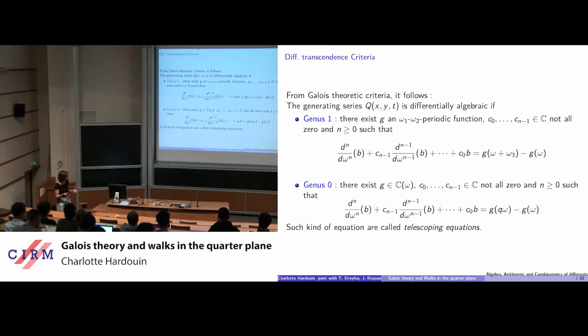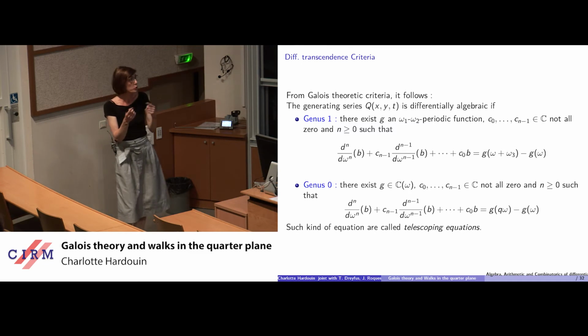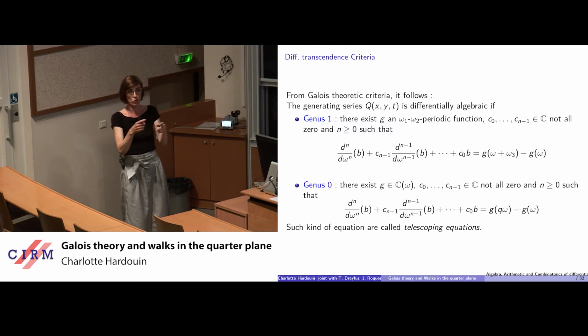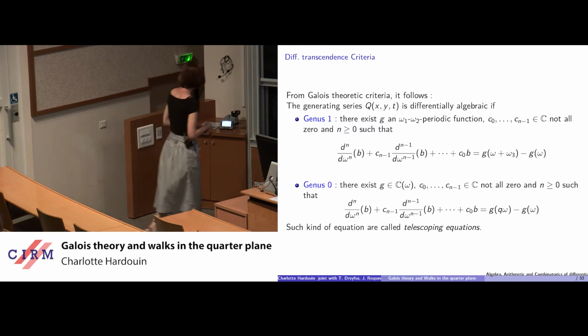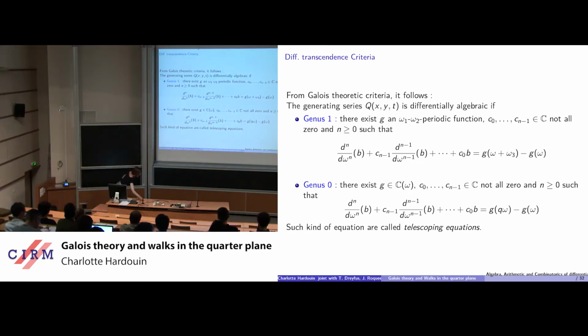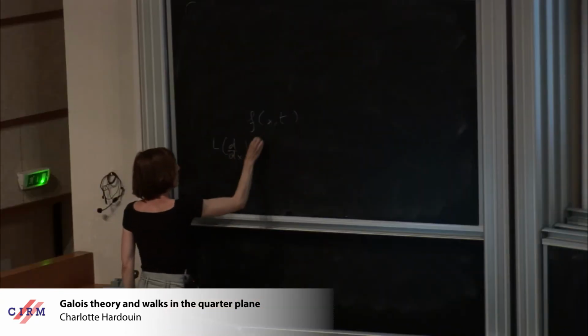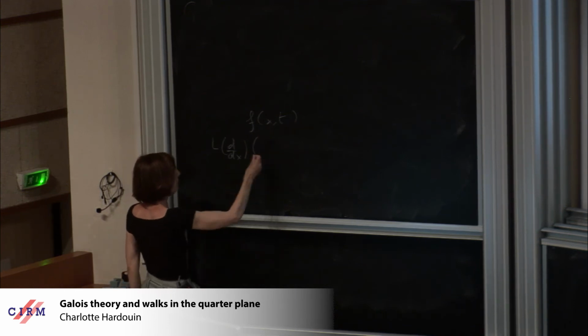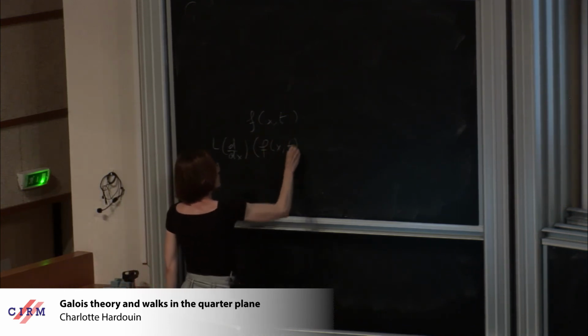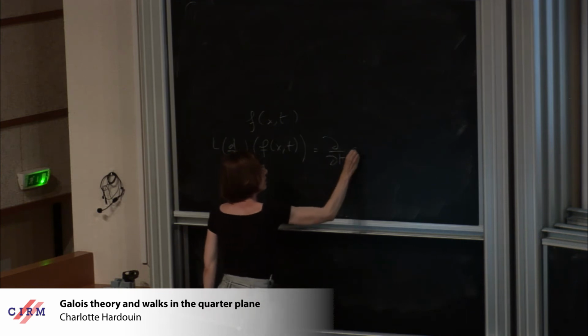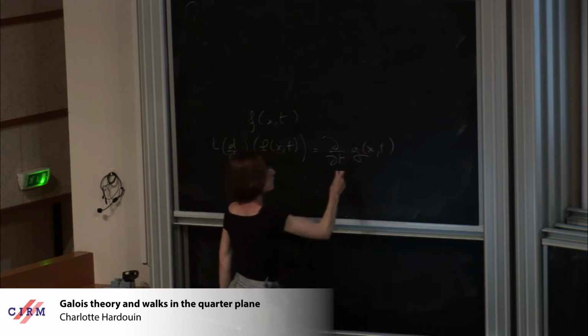Okay, such kind of equation, we call them telescoping equations because it reminds us of the telescoping problem where you have two derivations in x and t and a function f in x and t, so that you're asking, given f in x and t, can I find a linear differential operator in d over dx, such that applied to this function I find the derivative of another function with respect to t.